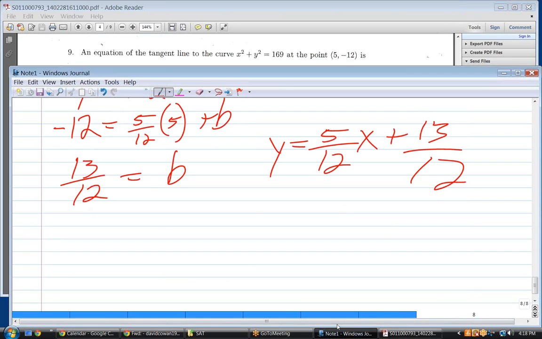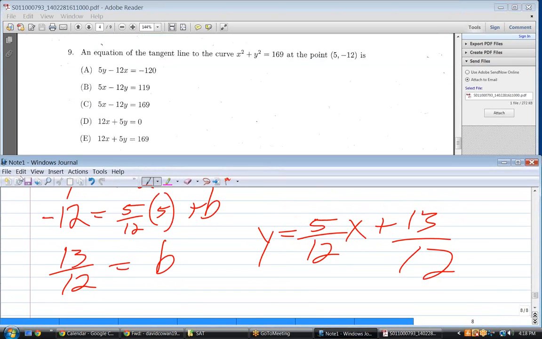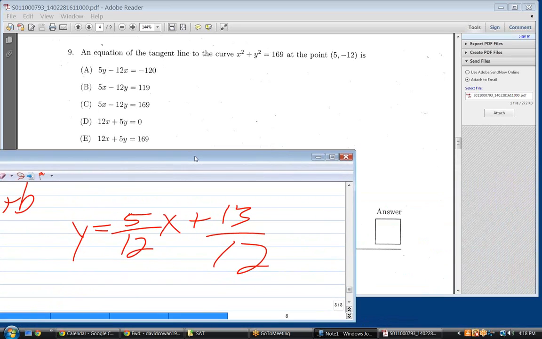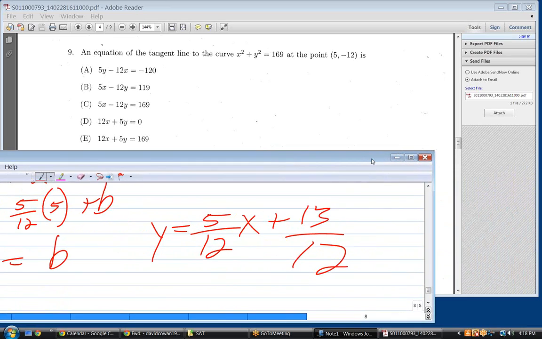Okay. Good to know that we're not in standard format, and they are. So how do I get my answer in standard format? You need to get the x over on the other side. And notice they have no fractions. Ew.